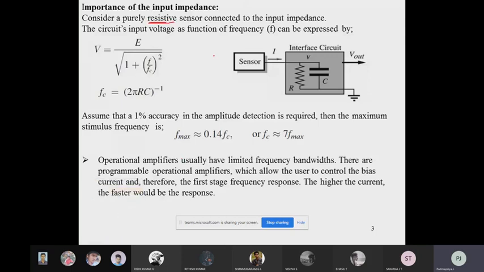The term resistive represents that whatever input value you provide will be resisted, or counteracted. This is the nature of resistance. So the sensor value, whatever information you provide, will be resisted if it is connected to the input impedance value.